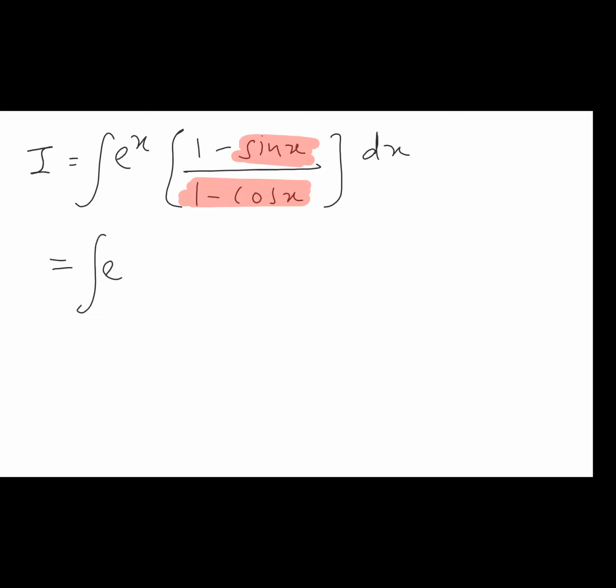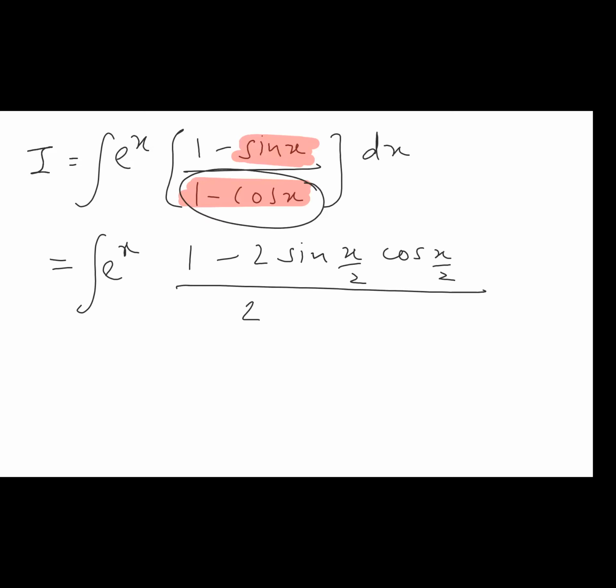So this will be 1 minus 2 sin x by 2 cos x by 2 upon 2 sin square x by 2.